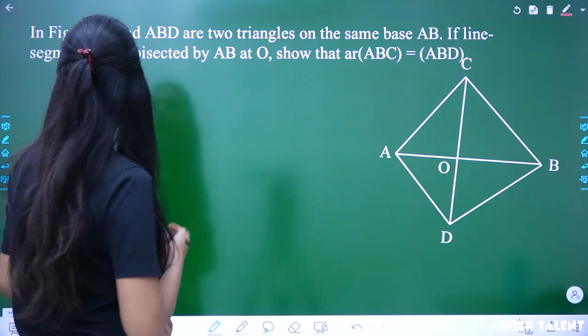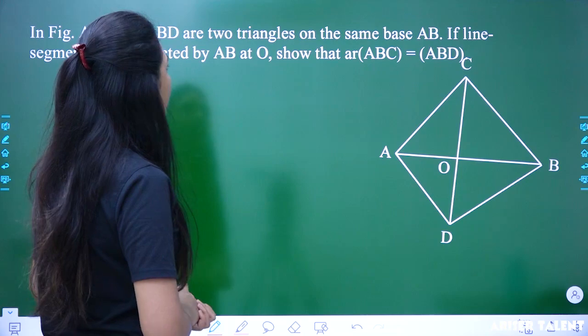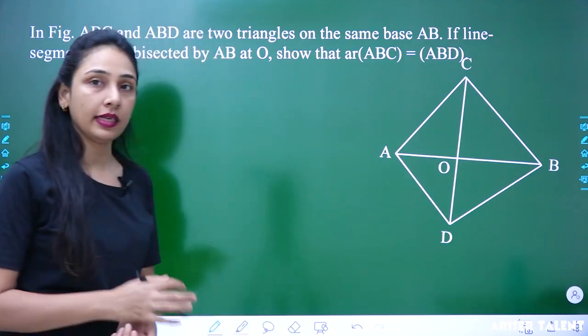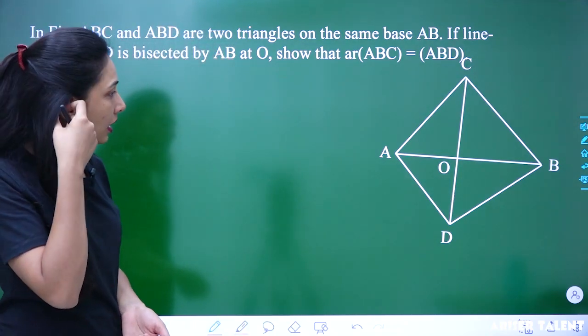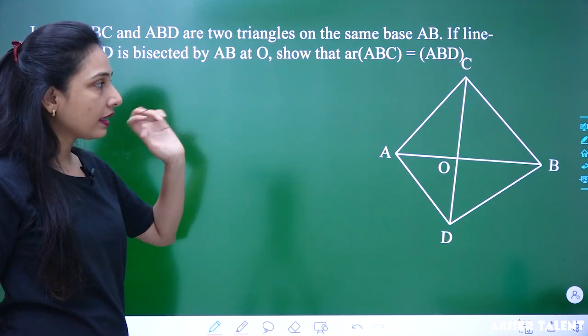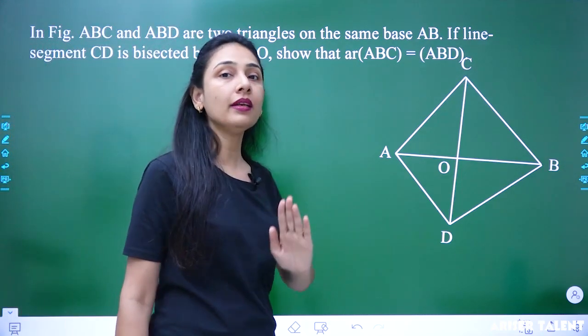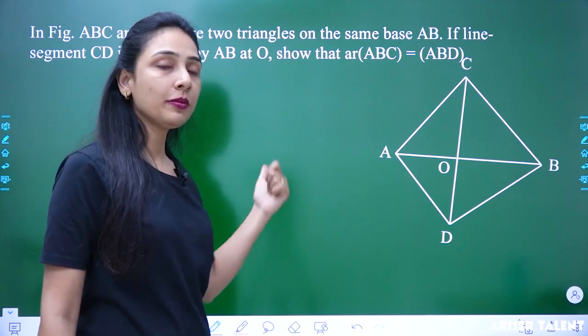Now the next, in the figure ABC and ABD are 2 triangles on the same base AB. We are given this complete diagram. We have no parallelogram here. We are going to use only the median theorem in this question.